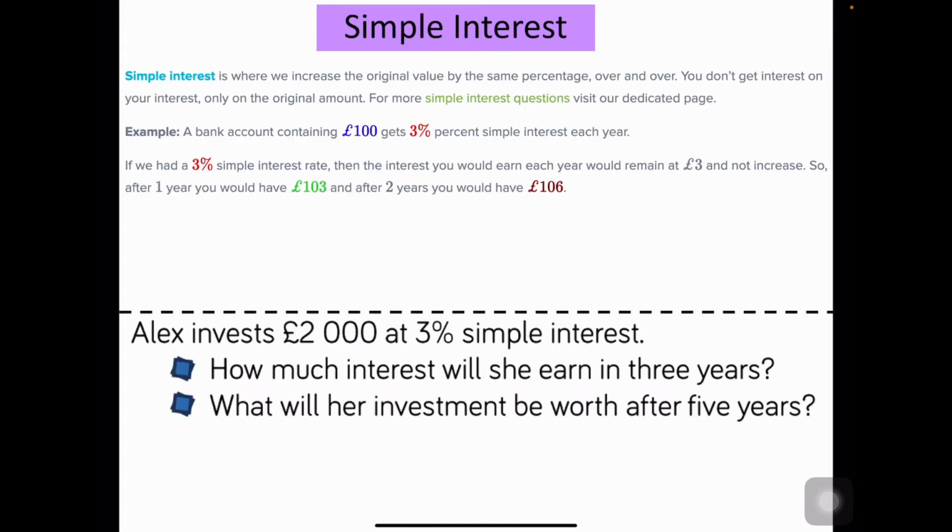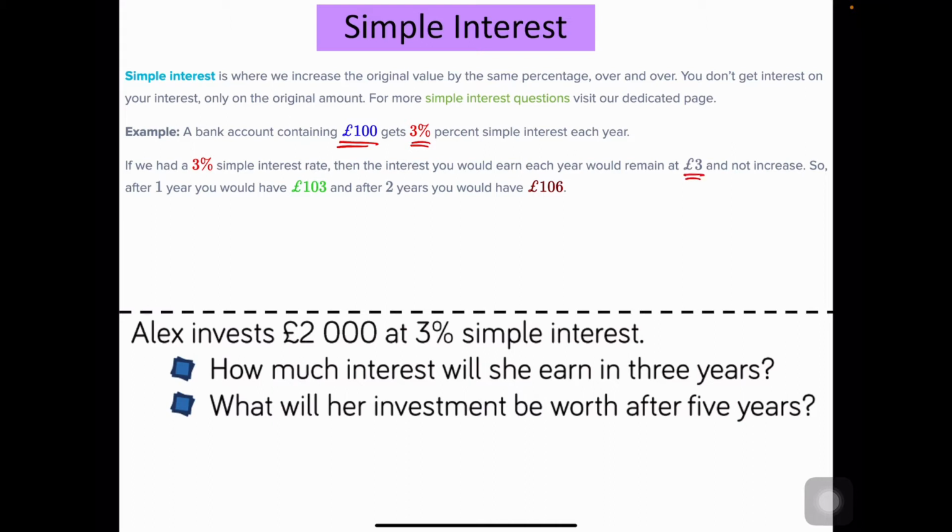So moving on to simple interest. Simple interest is where we increase the original value by the same percentage over and over. The example here is that a bank account containing £100 gets 3% simple interest each year. So you need to work out 3% of 100, which is of course £3.